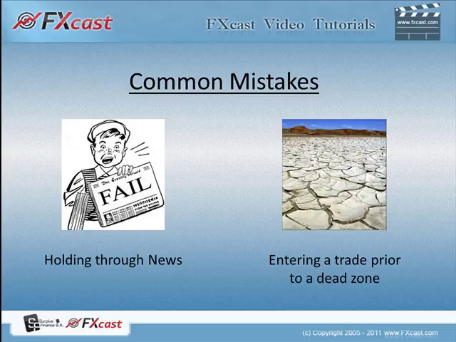You may or may not believe in that. But there are times when a currency pair will again breathe and maybe consolidate the move that it's in, and traders will enter a trade and they've got to sit through all of that before the market moves in their favor again.